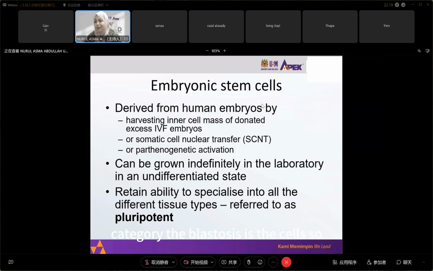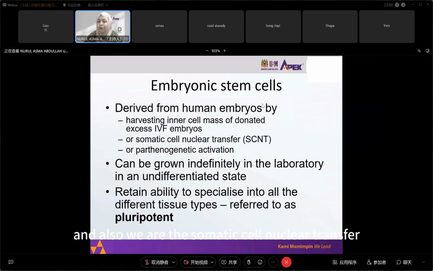Every blastocyst forms individual cells inside it. Those blastocysts with a highly graded category will be selected for implantation, for the pregnancy, whereas those with poor grade will either be aborted or go to the donor program, the stem cell program. This is what we use in the collection of embryonic stem cells.